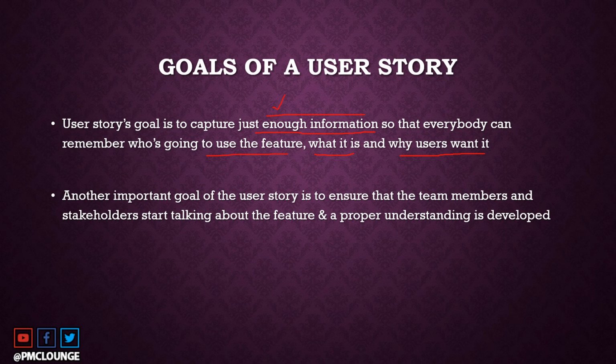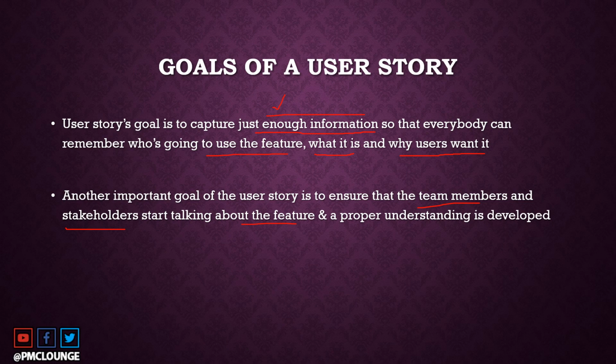Now the fact that when you're documenting just enough information, it also leads to stakeholders and team members, the Scrum team members and stakeholders, talking about the feature, talking about the requirement, and when they discuss the requirement, that's how a proper understanding of the requirement is developed. And that's the whole idea, right?